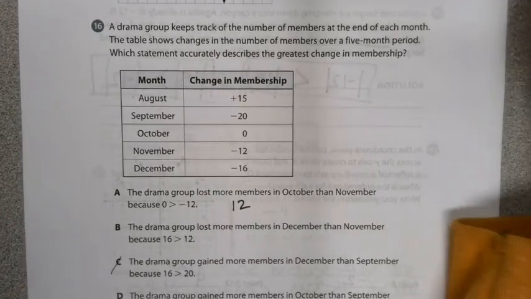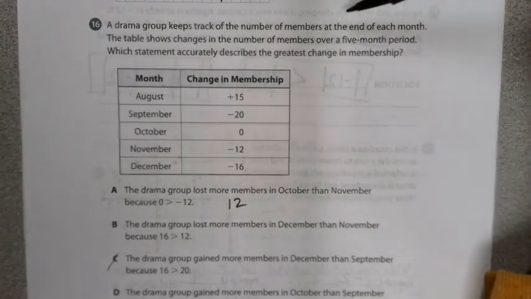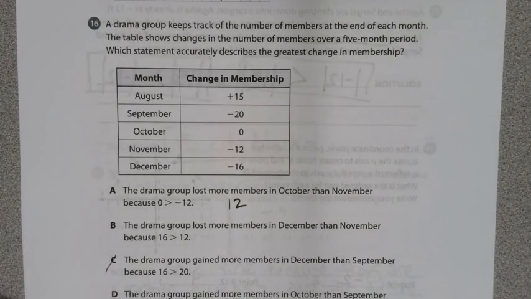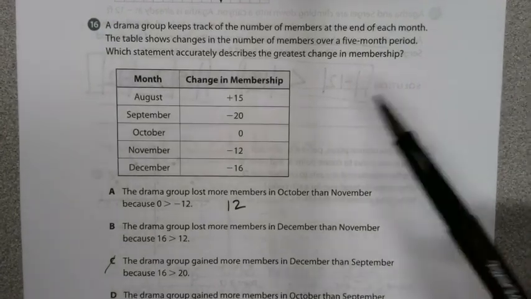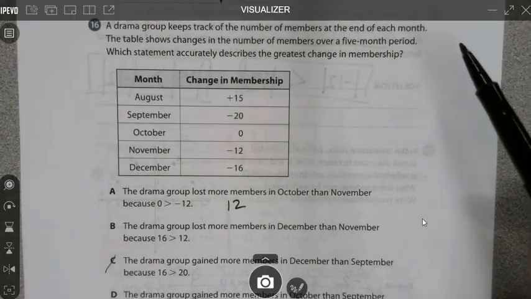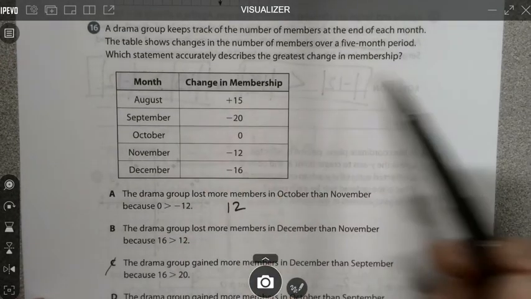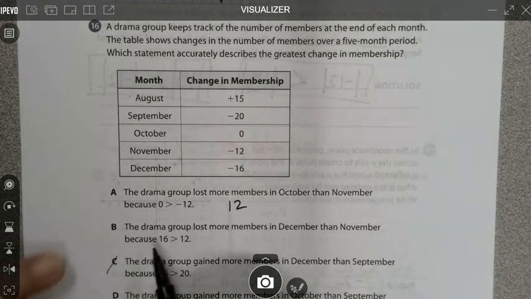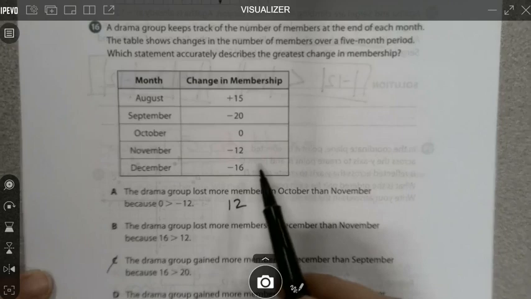Sorry, I've lost where I was. A drama group keeps track of the numbers of members at the end of each month. The table shows the changes in numbers of members over a 5-month period. Which statement accurately describes it?